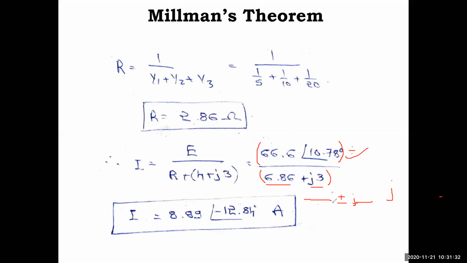I have not noted it down here, fine. So I will do it here quickly. 66.6 at an angle 10.78, divided by 6.86 plus 3i. It is going to come 8.59 something.